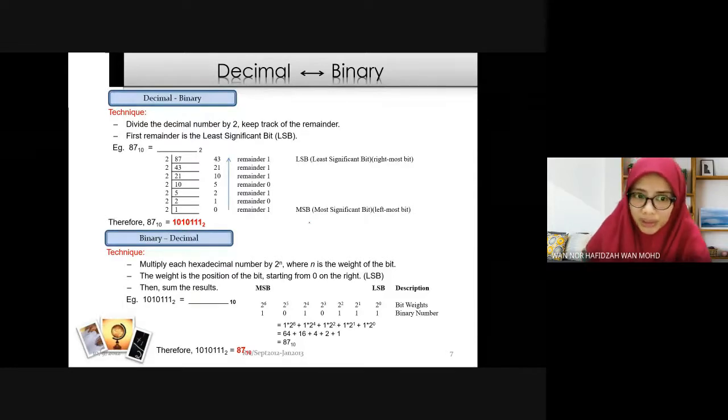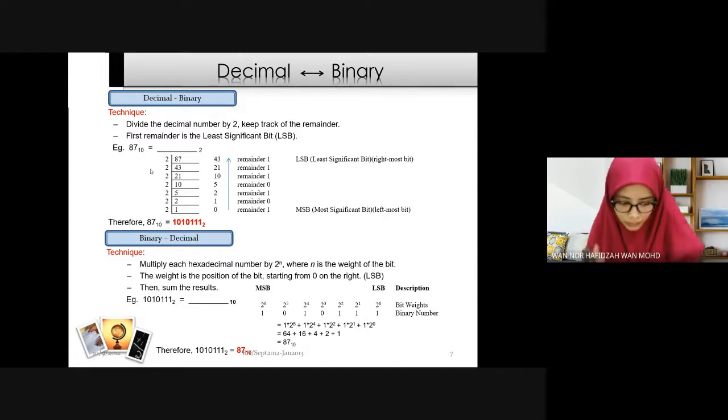For example, we have 87 base 10, and we want to convert into binary base 2. The decimal number, we need to divide by the base, so divide by 2, and keep track of the remainder.